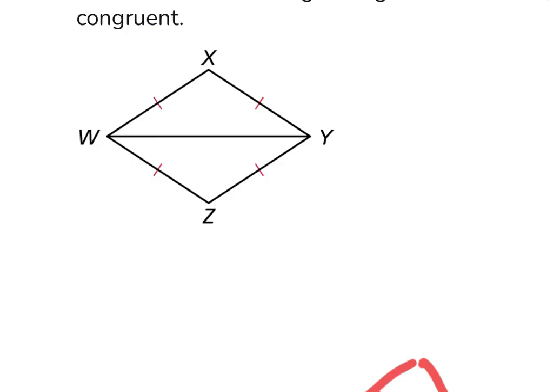WY would be the bisector one. Maybe, okay, but we don't quite have enough information to know that for sure, okay? It's good thinking, and it might be that way, but in that case we would need a statement that says WY is the bisector of that angle.